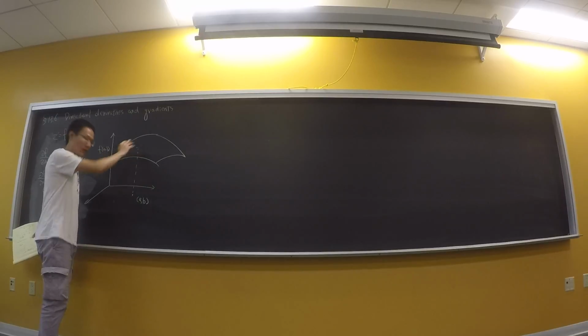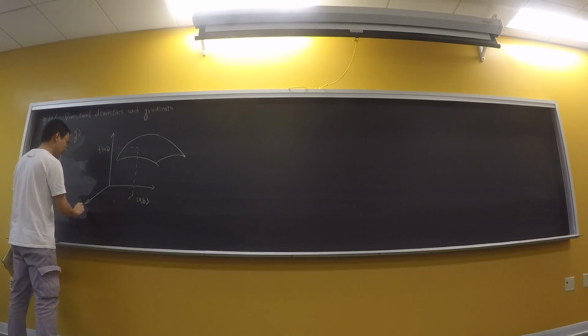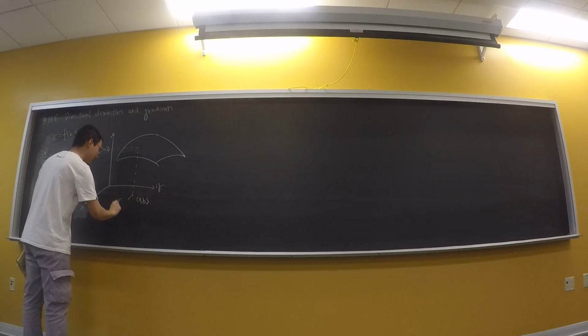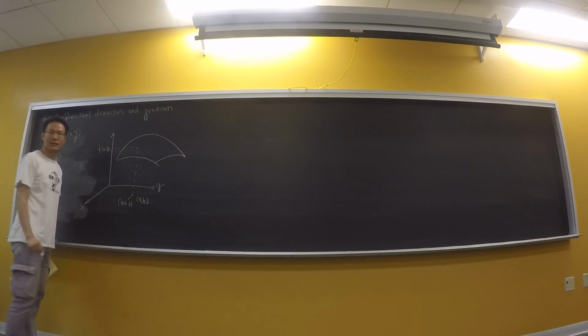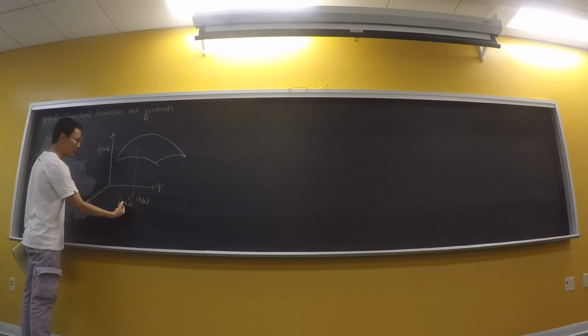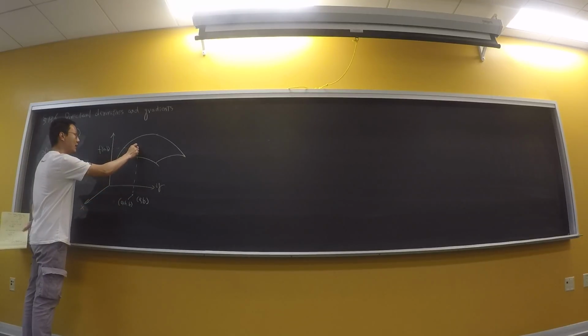Now with me? Okay, so the partial derivative with respect to x is where I move x a little bit. This is the x-axis, this is the y-axis. So a plus h, b is still the same value. I move in the x direction, changing the independent variable x from a to a plus h. Accordingly, my point on the surface will be moved slightly.